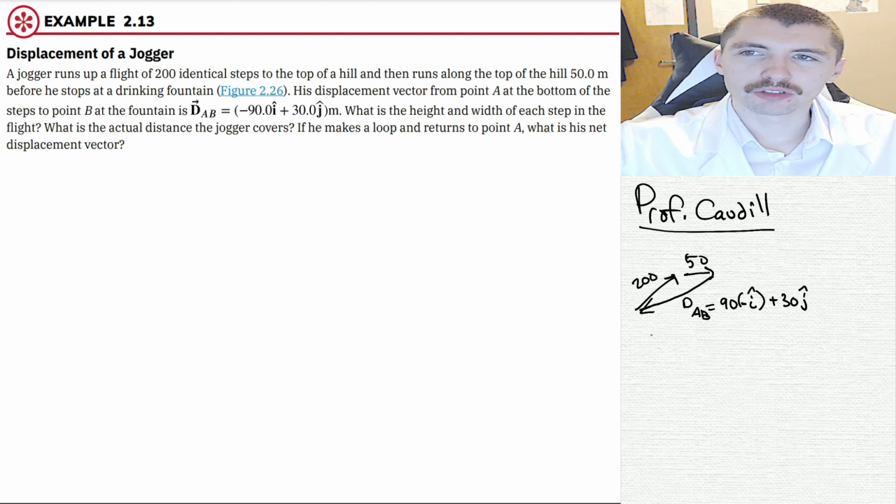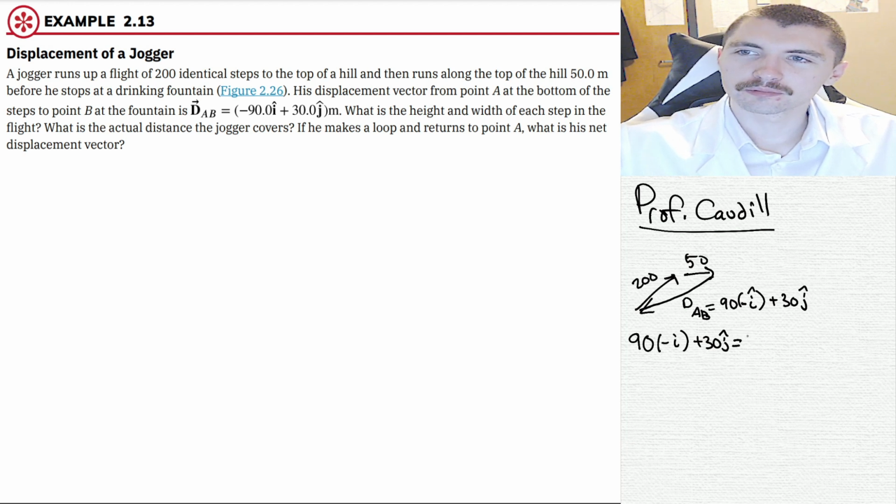We want to find d_AB equals 200 cosine 45 plus 200 sine 45.